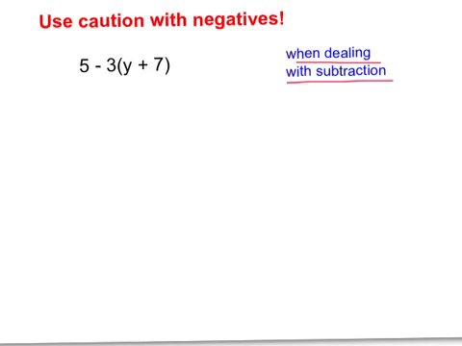And in order to get rid of subtraction, we have to create addition. Now we don't really create addition because our concept of subtraction really comes from addition. So our little catchphrase that I've told you before is we need to add the opposite.